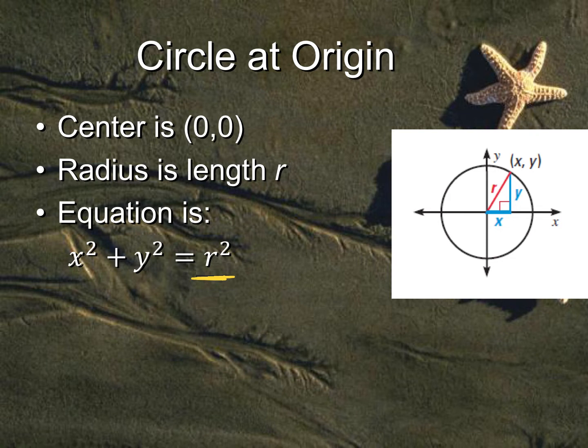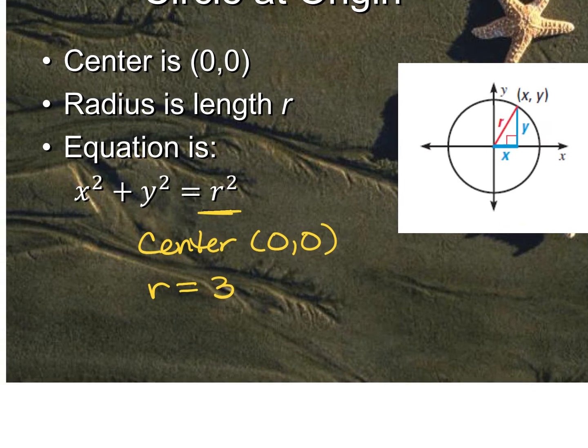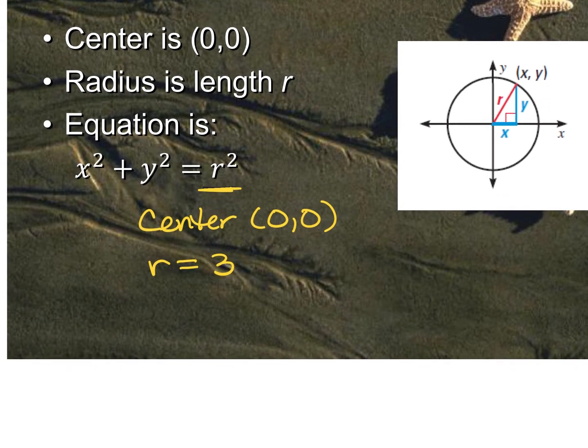So for example, they're either going to give you a picture and then you'll confirm that the center is at 0, 0, or they're going to write it in words. So for example, if I told you that the center is at 0, 0, and it has a radius length of 3, and I say write the standard form of the equation, all you're going to do is take the standard form, x squared plus y squared equals r squared, and replace the r.